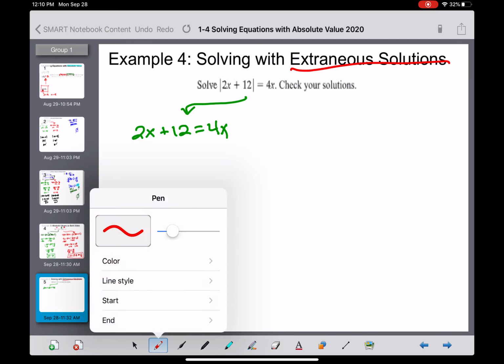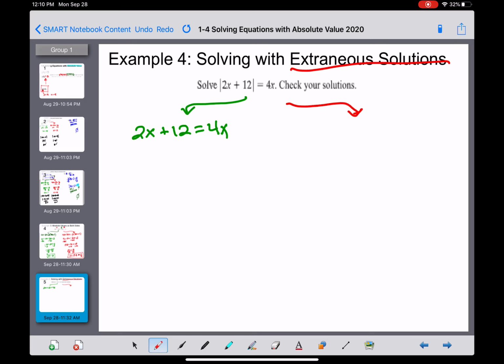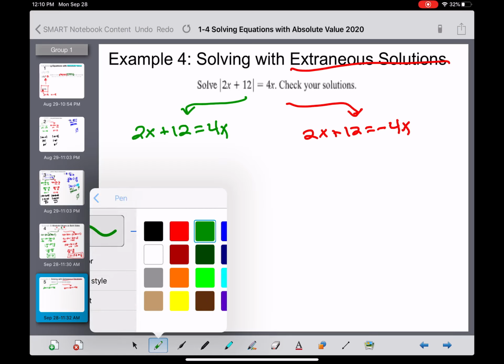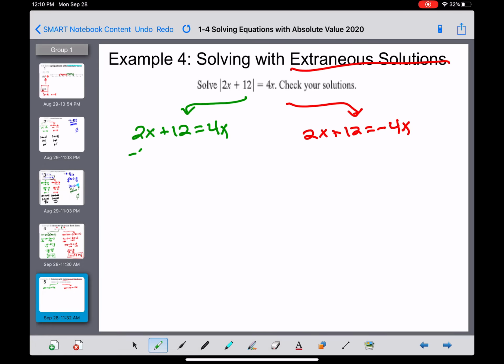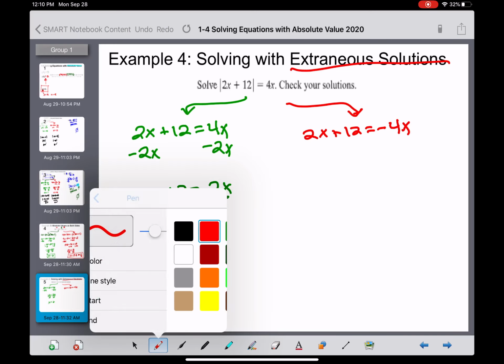And I'm going to solve a second time by setting 2x plus 12 equal to negative 4x. So for my positive side, I subtract 2x to get 12 is equal to 2x, divide by 2, and x is equal to 6. That is one possible solution.